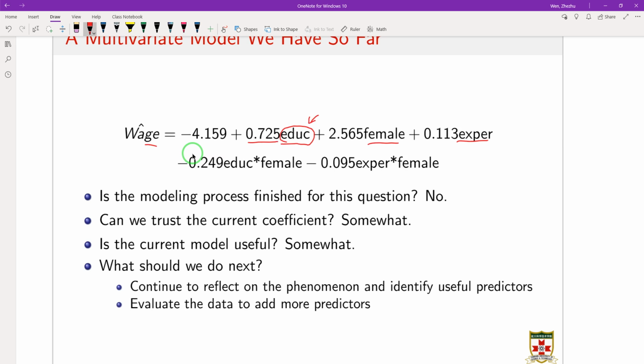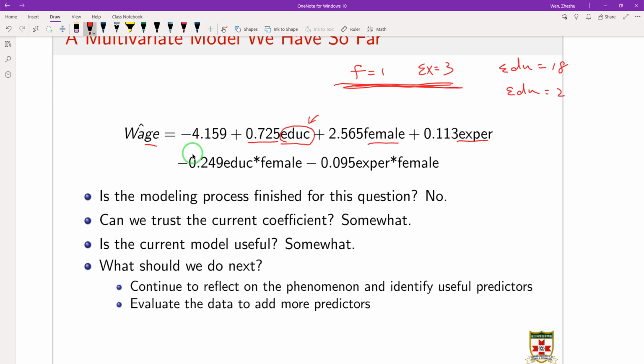So specifically, when female is equal to 1, and the experience is equal to 3, when these two variables take these two values, consider someone with 18 years of education and someone with 2 years of education.